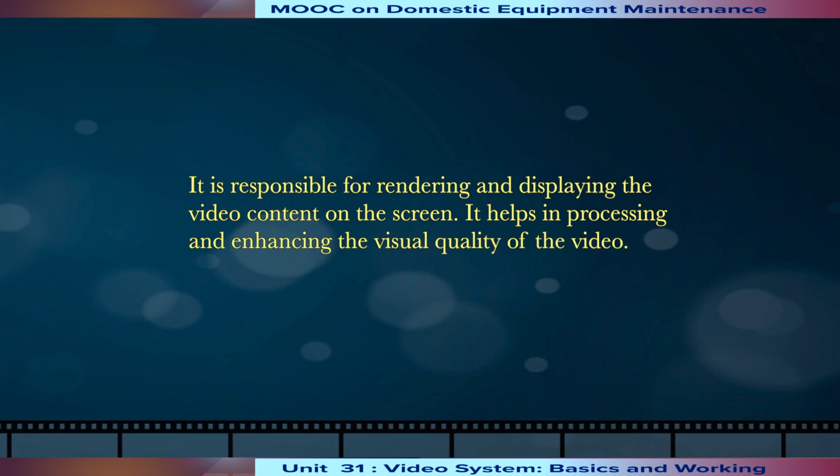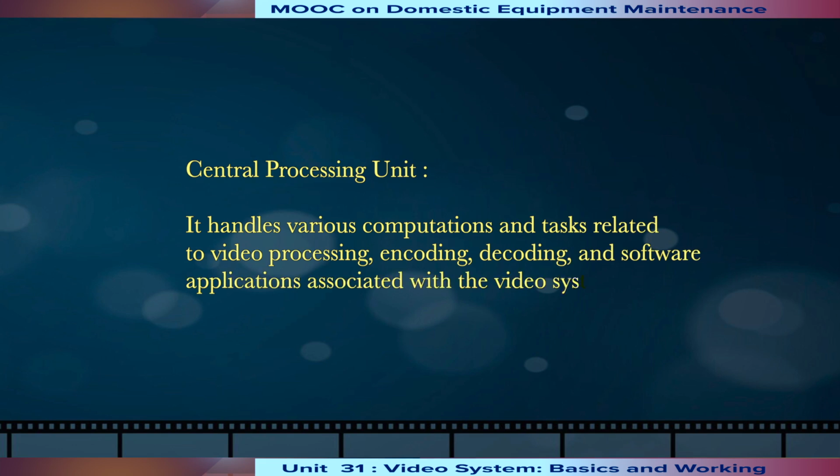The GPU is responsible for rendering and displaying the video content on the screen. It helps in processing and enhancing the visual quality of the video. Central processing unit. The central processing unit handles various computation and tasks related to video processing, encoding, decoding, and software applications associated with the video system.